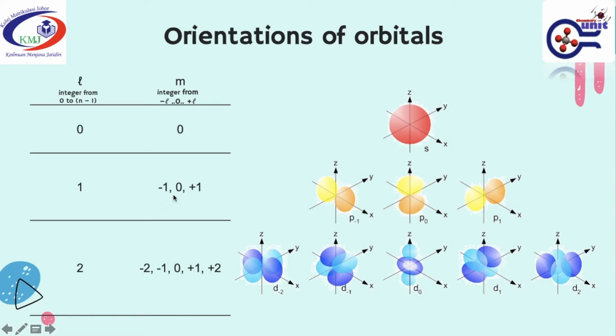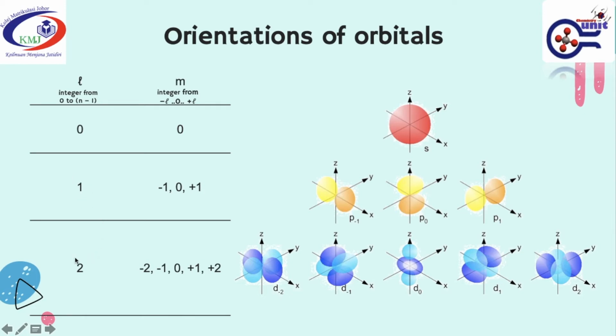So we have three values of M. Thus, we have three different orientations of orbital. So here we have px orbital, pz orbital, and py orbital. Three different orientations due to three values of M produced from this L value.